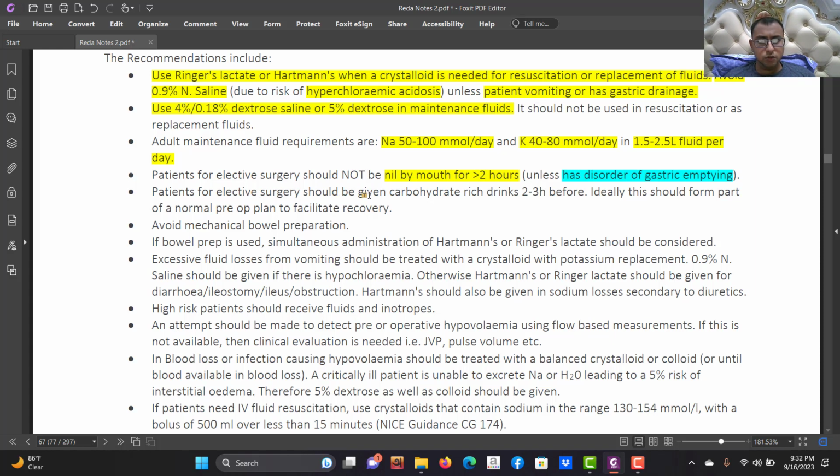Patients for elective surgery should be given a carbohydrate drink 2 to 3 hours before. Some students can ask why: because if you give carbohydrate 2 to 3 hours before, the postoperative outcome will be very good. A carbohydrate drink can be allowed 2 to 3 hours before operation.